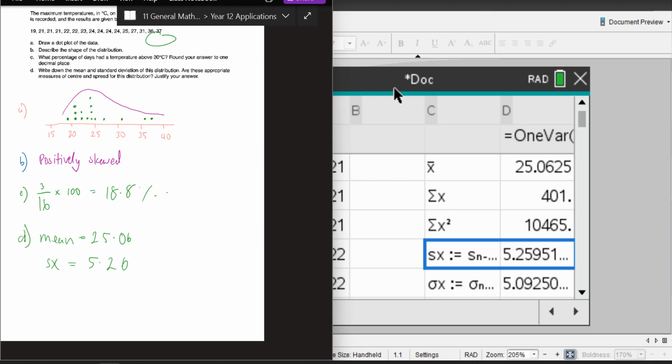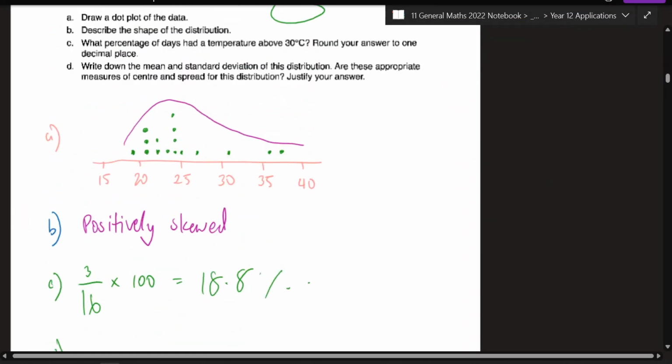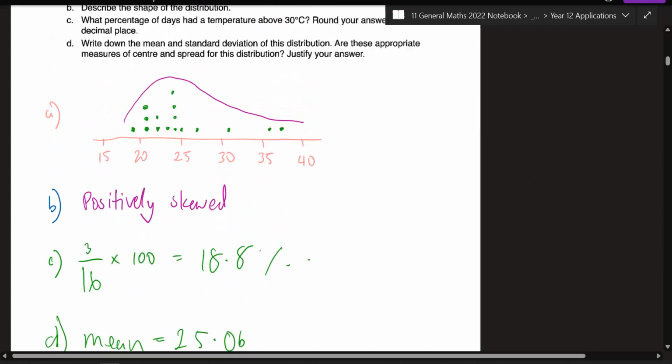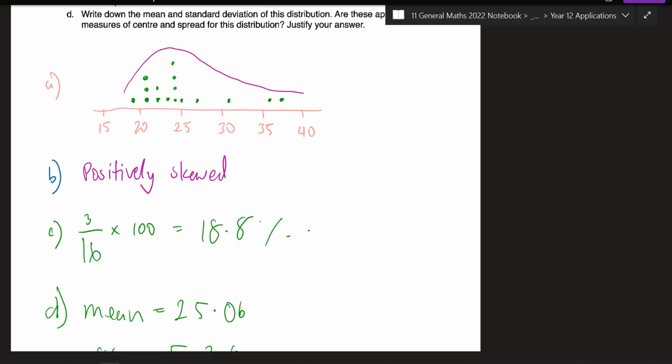All right, now, when we get to question D, there's another part there that says, are these appropriate measures for center and spread in this distribution? One thing to keep in mind when they ask you for that is if your data is skewed, these are not appropriate. Your data has to be symmetrical for mean and standard deviation to be appropriate.